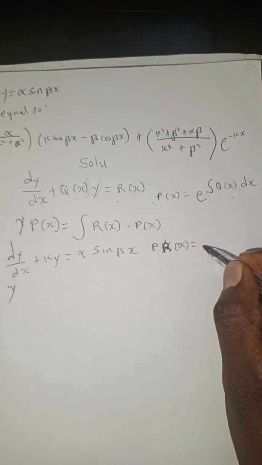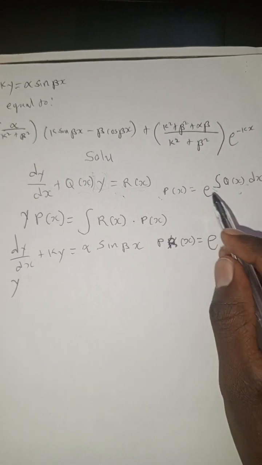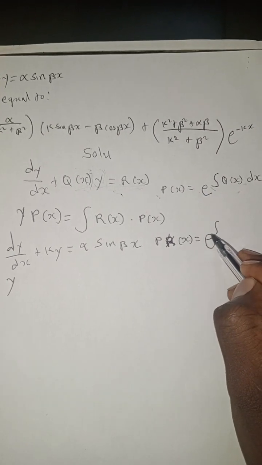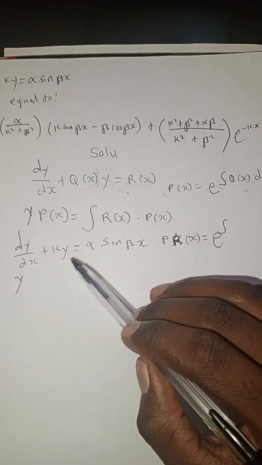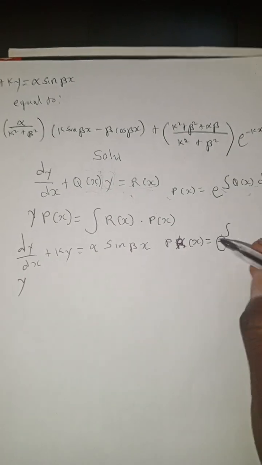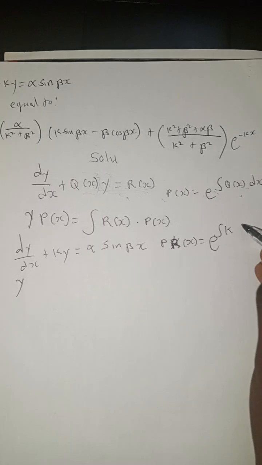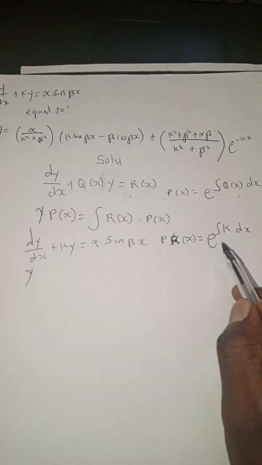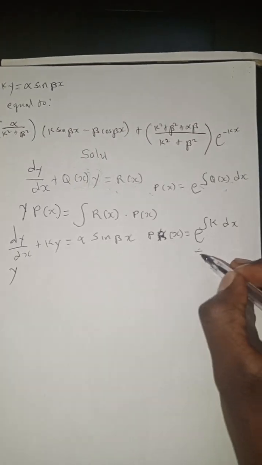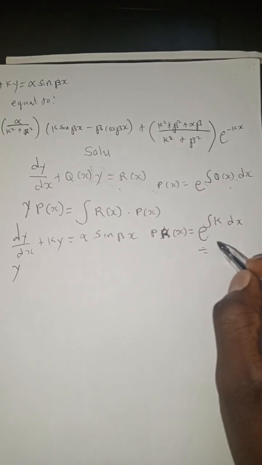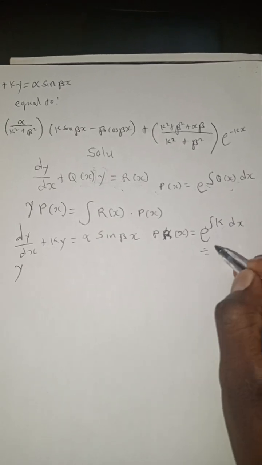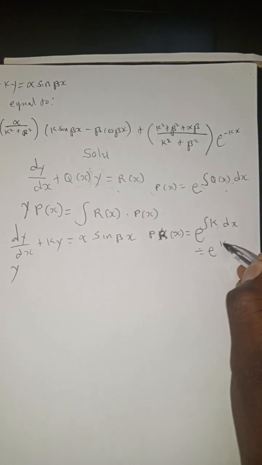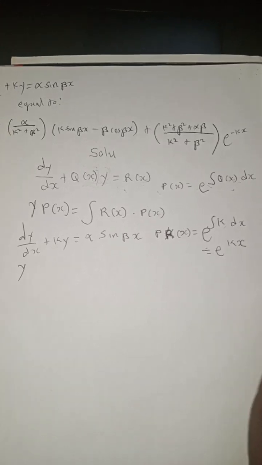So it will be the exponent, the integral of qx, which is k in this case, k dx. Now we have to integrate k. When we integrate k with respect to x, we are going to obtain something like this.